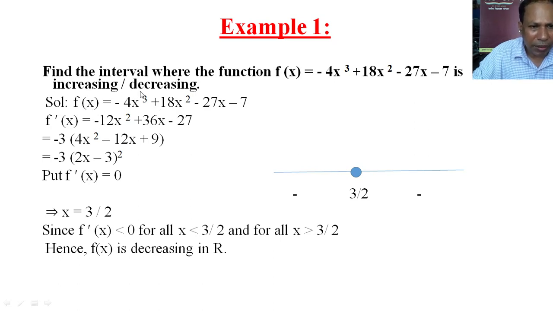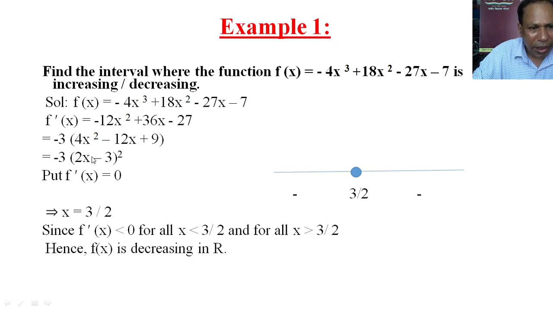So f dash x becomes minus 12x square plus 36x minus 27, and on simplification this becomes minus 3 into 4x square minus 12x plus 9. So this is the same as minus 3 into (2x minus 3) whole square, since a square minus 2ab plus b square is (a minus b) whole square.